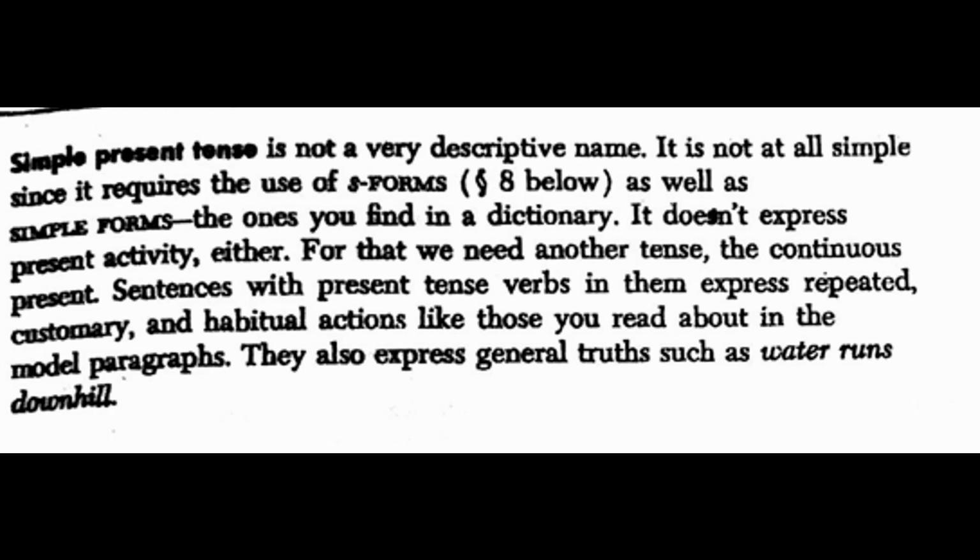Now we move to another tense, the simple present tense. The simple present tense is not a very descriptive name. It is not at all simple, since it requires the use of S forms. When the subject of a sentence in the simple present tense is singular, we need to add the third person singular S to the main verb, as well as simple forms, the ones you find in a dictionary.